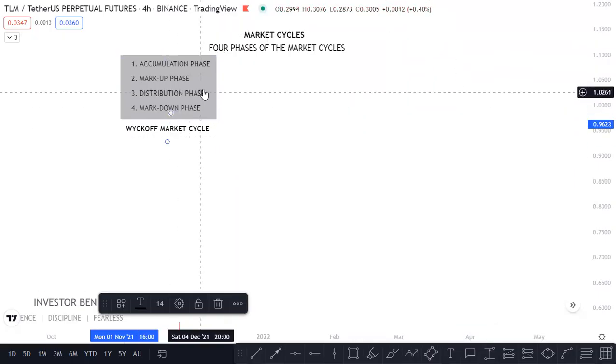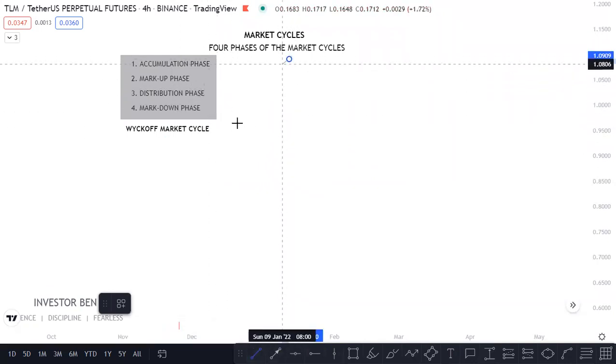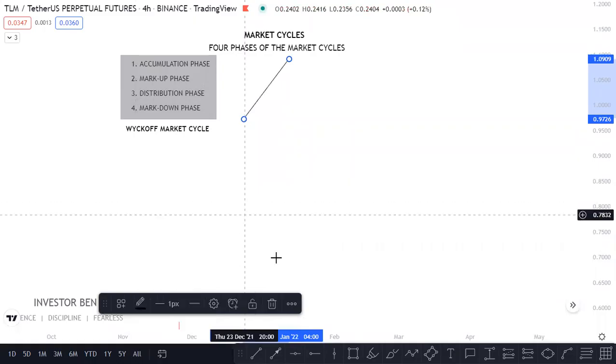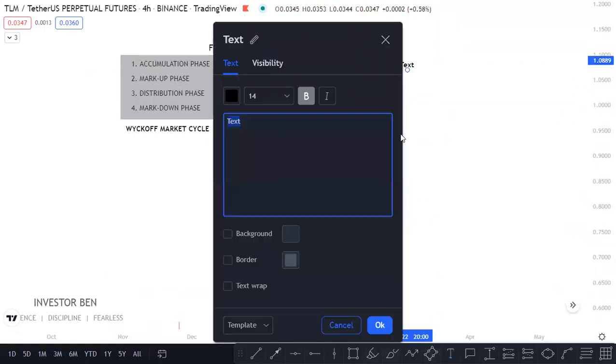Then some persons may call these phases this way, or they can call them accumulation, advancing, distribution, and declining.